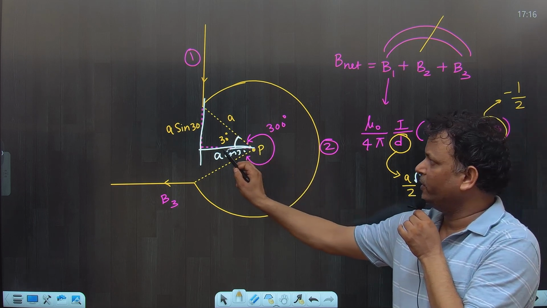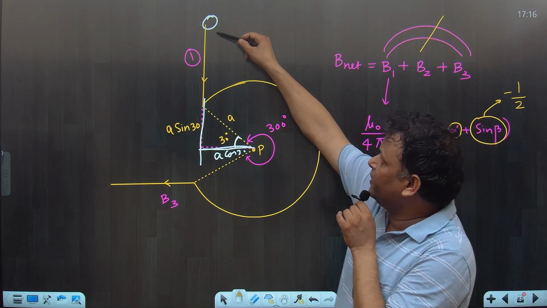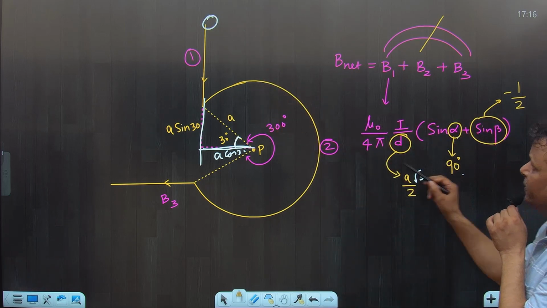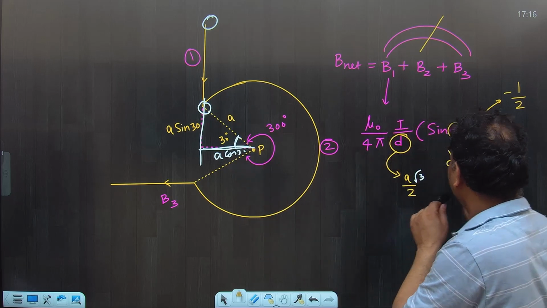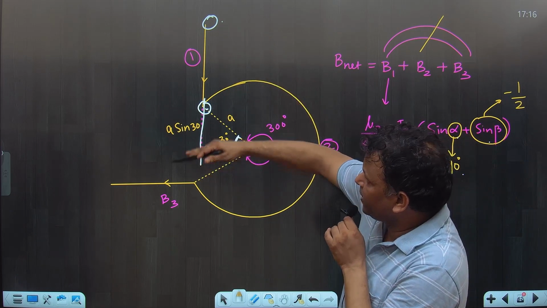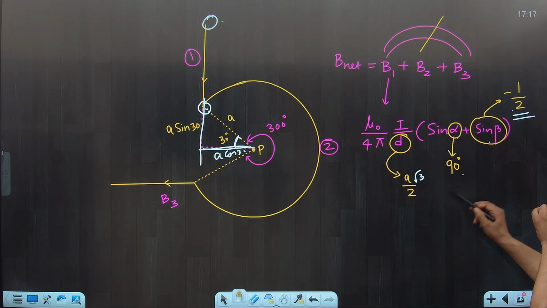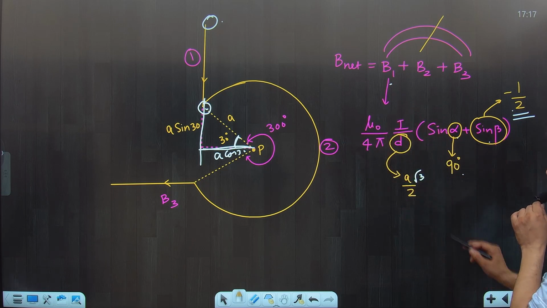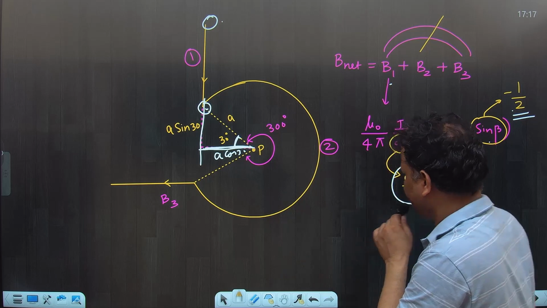And this end is making angle 90 degree with this, and this end is making angle 30 degree with this. But both ends are on the same side of the perpendicular, so you will write minus here, right? So B1 will be calculated like this, with perpendicular A cos 30.